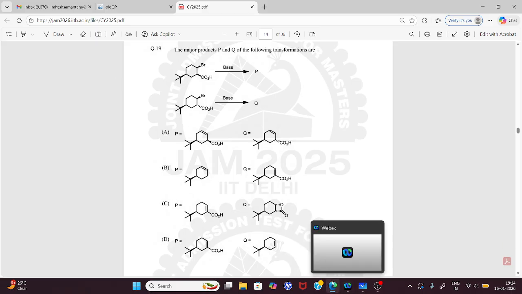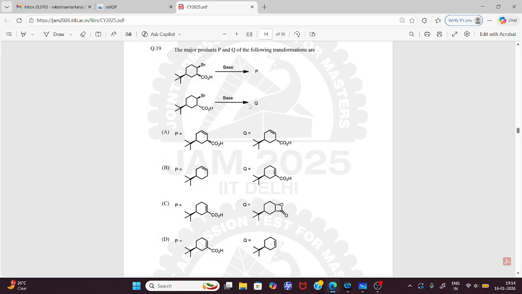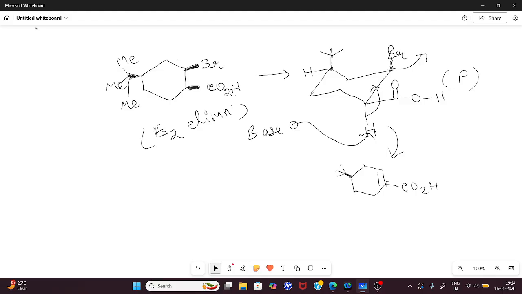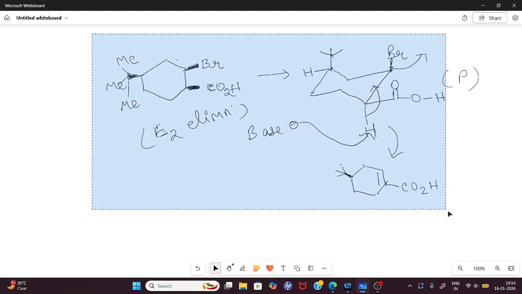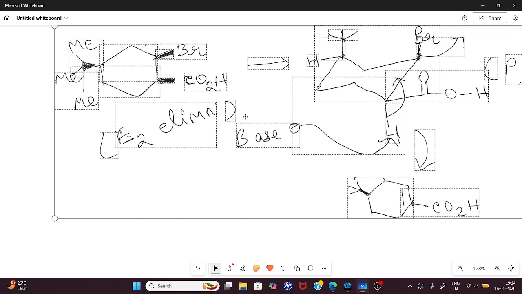If you look at the product Q, they have changed the stereochemistry. So here's an interesting part. Now I'm going to erase this. Let's delete this.